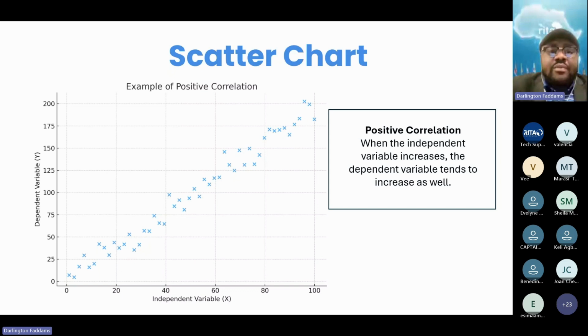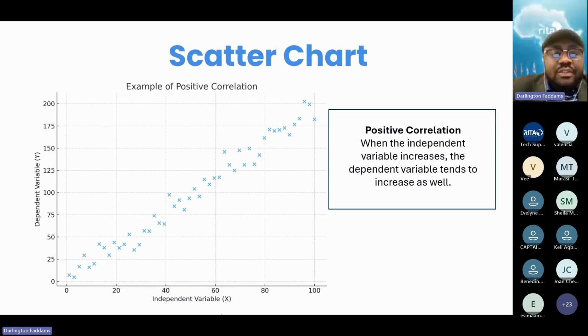You can see that there is a trend. That trend helps us to understand if there's a correlation, and this is called a positive correlation. It says that when the independent variable increases, the dependent variable tends to increase as well.